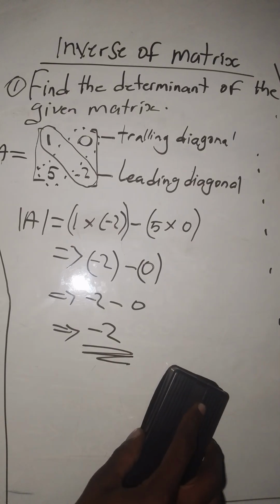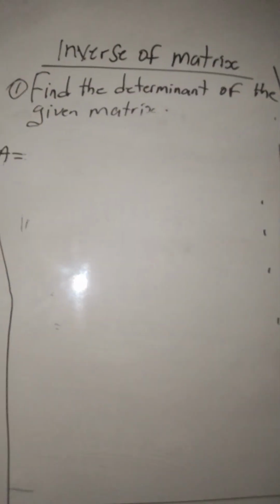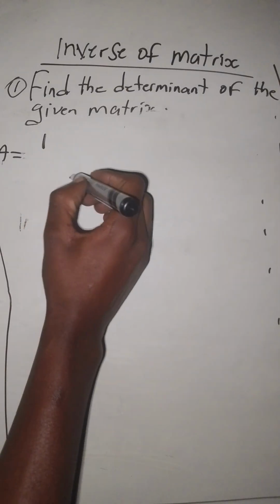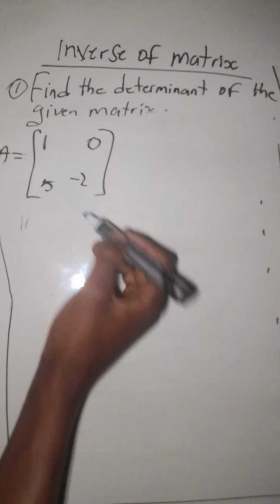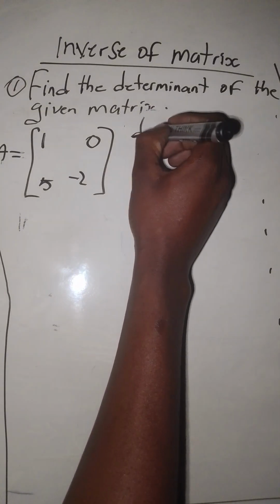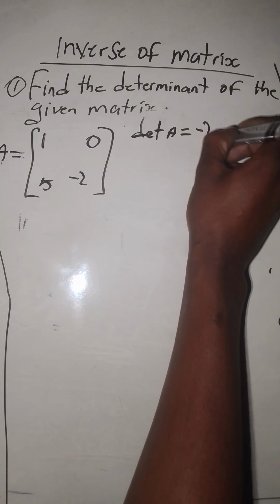How can we find the inverse of this matrix? So don't forget this matrix is 1, 0, 5, -2, and our determinant of A is equal to -2.